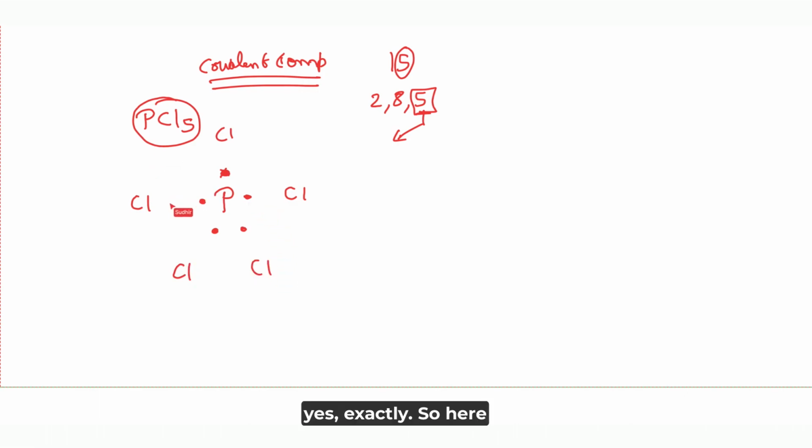So here 1, 2, 3, 4, 5, 6, 7, and the same for each chlorine.